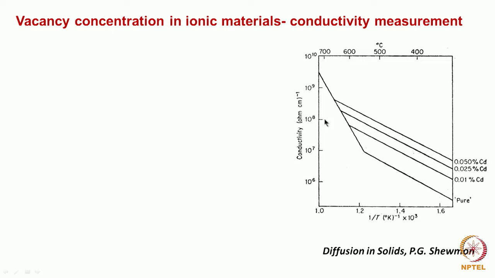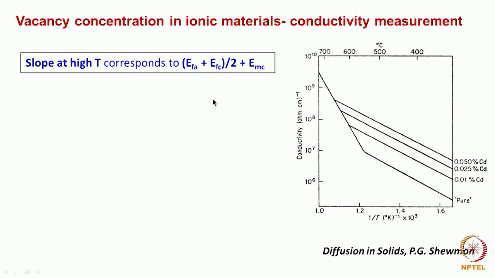Here this one part corresponds to a high temperature where the concentration of the defects is essentially coming from Schottky defects. And in that, if you look at the slope of this plot, this corresponds to the formation energy of the cation and the anion, and also, since these ions move with different mobility, the mobility of the ion also comes into the picture.